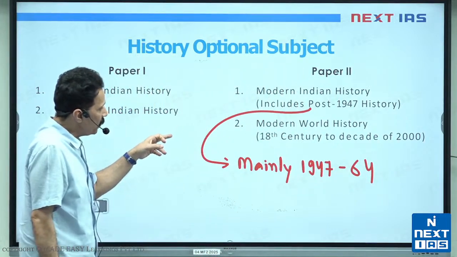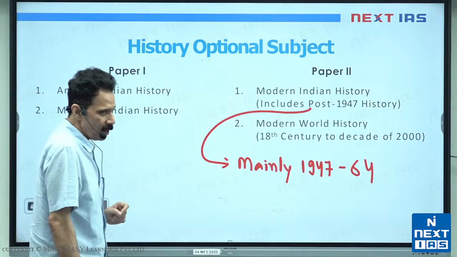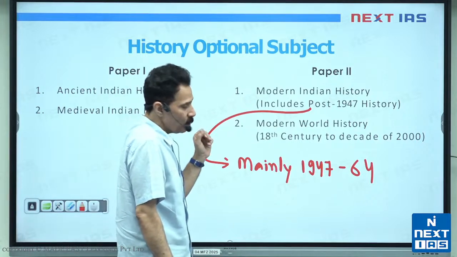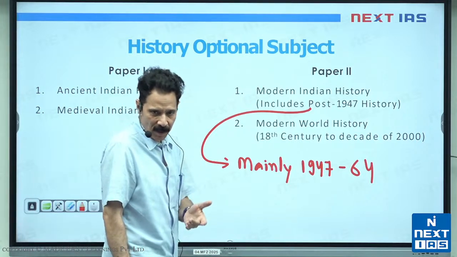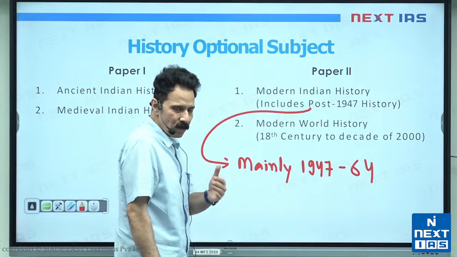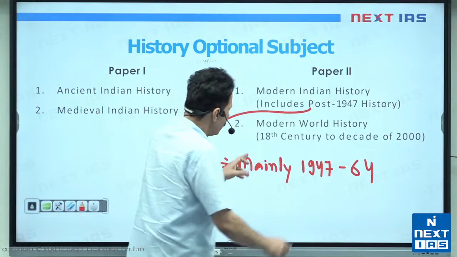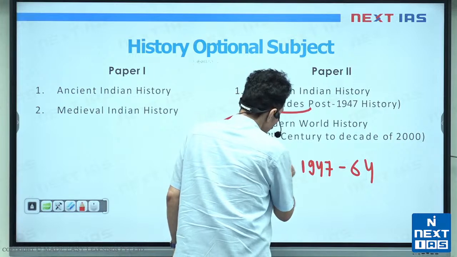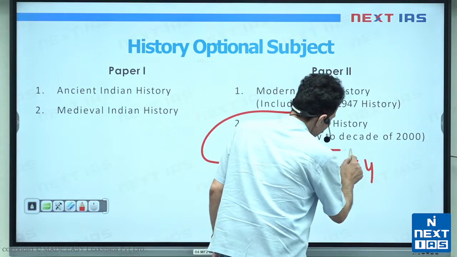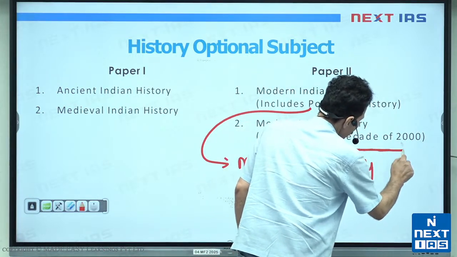And the second section is modern world history. You might know modern world history begins in the 16th century, but our syllabus is not from the 16th century. Our syllabus is 18th century onwards till the decade of 2000.